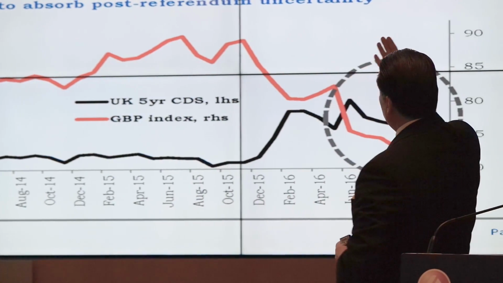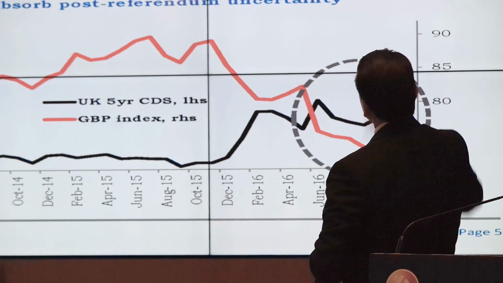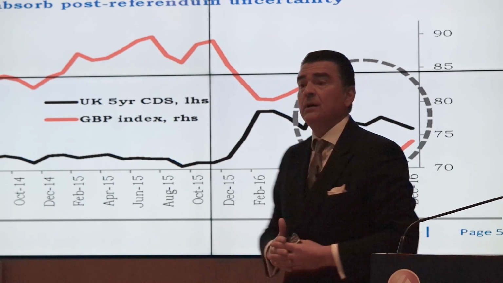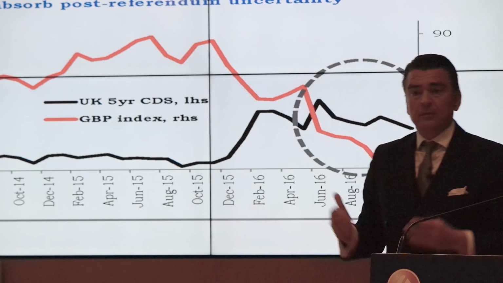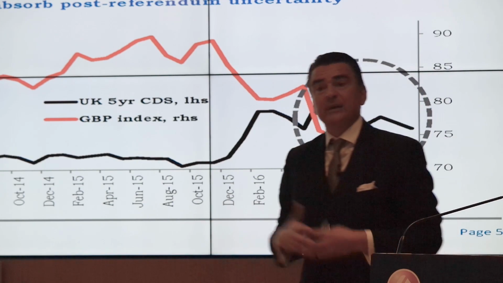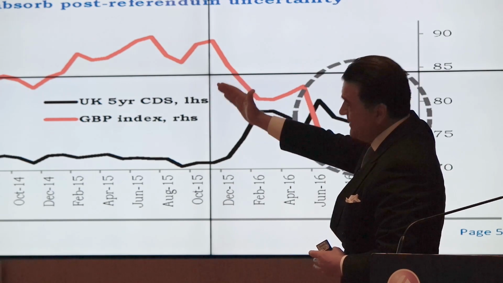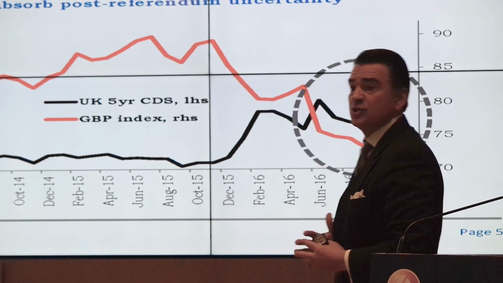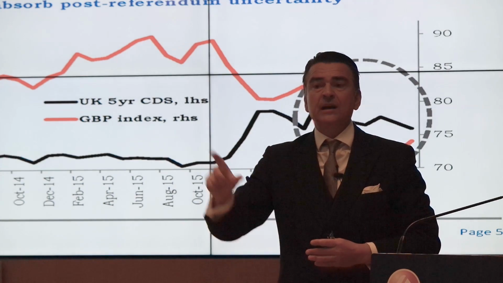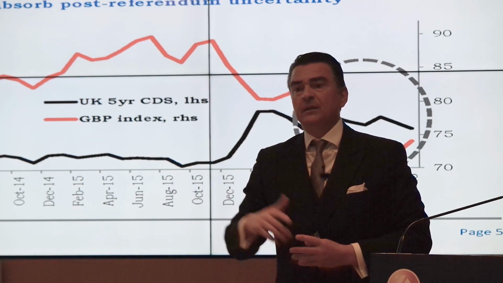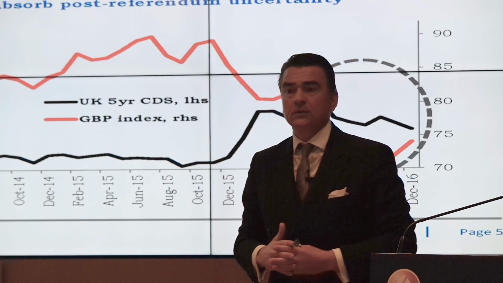The postponement of Article 50 activation to early 2017 reduced political uncertainty after the previous Prime Minister was replaced by Theresa May. And of course, the easing in monetary and financial conditions we've seen during the second half of 2016, especially the depreciation, the sliding of the sterling.